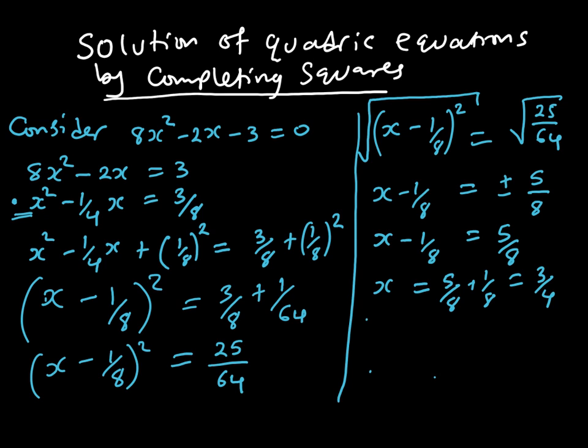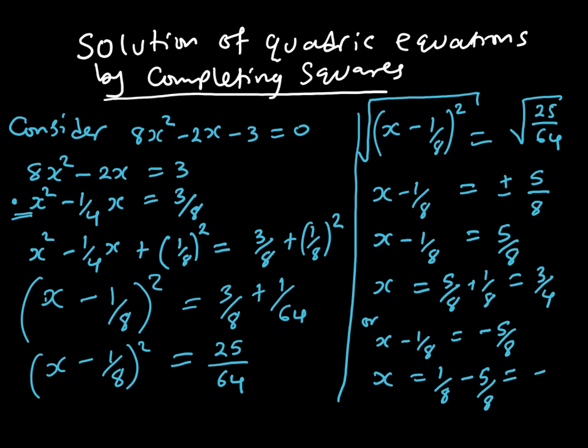Okay, or x minus 1 over 8 is negative 5 over 8. So what does that mean? We have x is 1 over 8 minus 5 over 8.